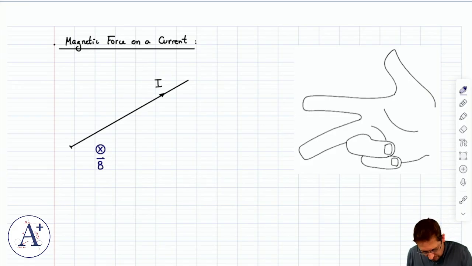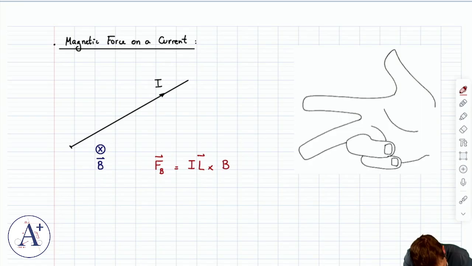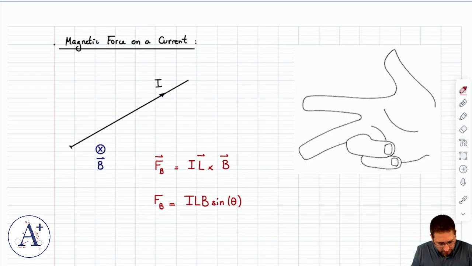Well, I'm going to get a force acting on this current that is going to be F_B as a vector is I L cross B. And in magnitude, F_B is I L B sine theta, theta being the angle between the two vectors L and B.